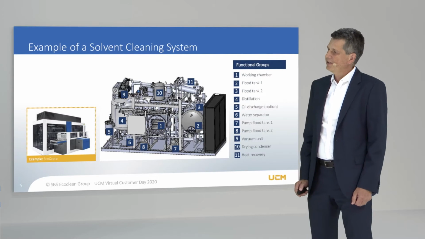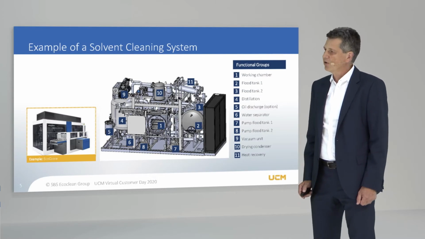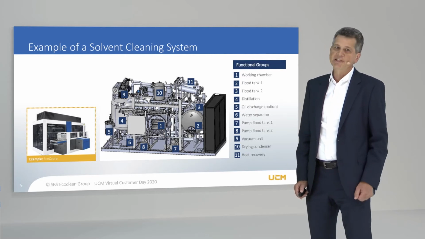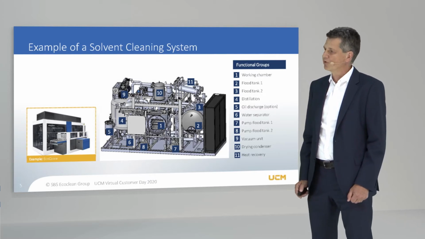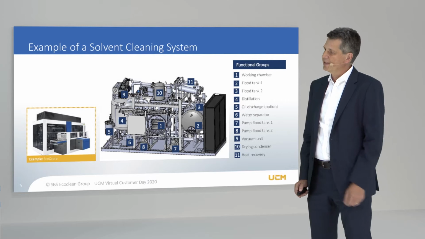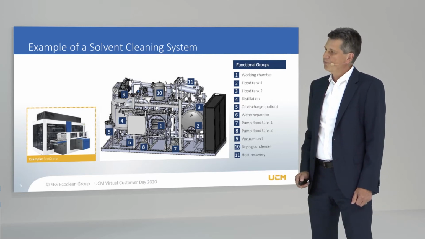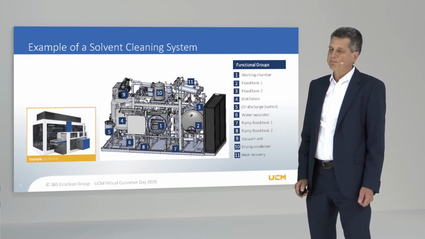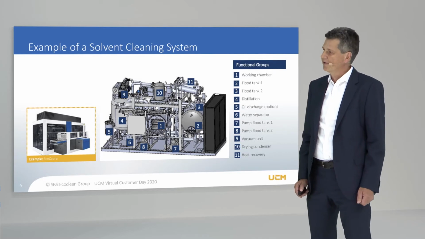What you see here on the left side is a picture of one of our systems. It's called the Ecoclean, which is one of our machines for the solvent cleaning machines program. And in the middle, you see the main components of this machine. So first, it's the working chamber, marked with 1. This is the place where the whole cleaning and drying process is done.